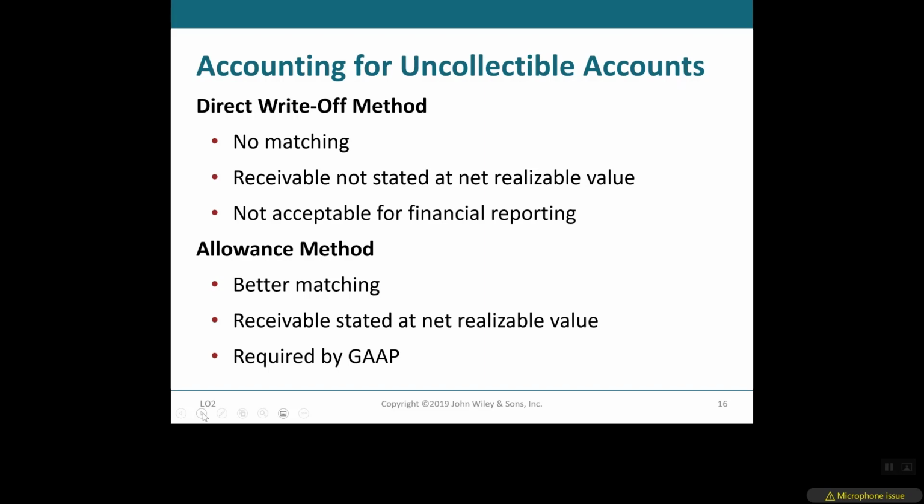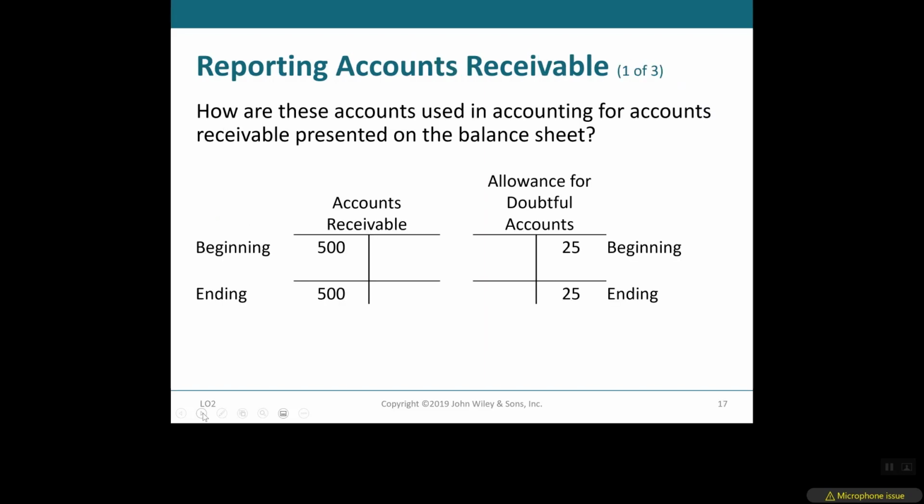You are able to match them within the period, and then you're able to report your accounts receivable at its net realizable value, and this is also required by GAAP. We're going to be taking a look at both, but remember that the one that GAAP authorizes, or loves, is the allowance method.